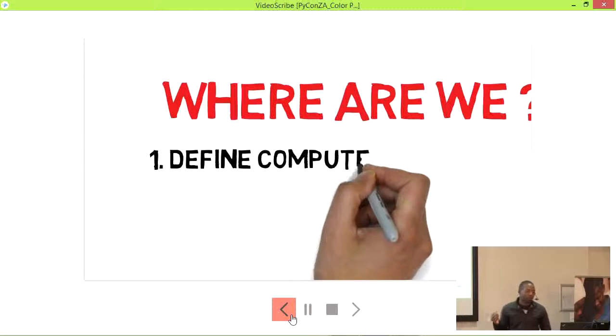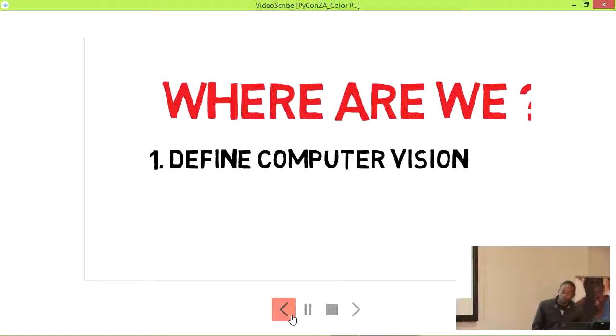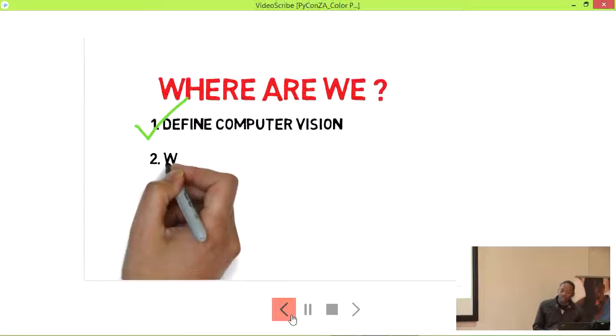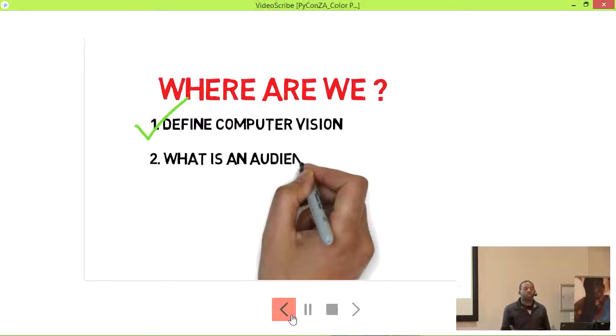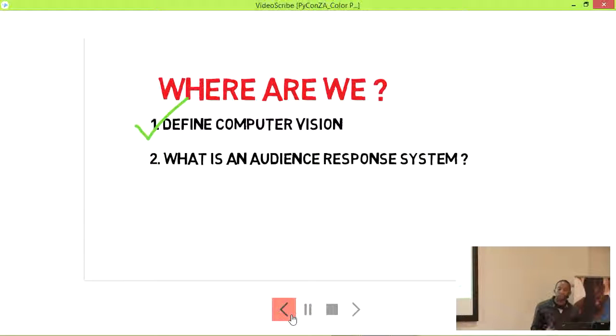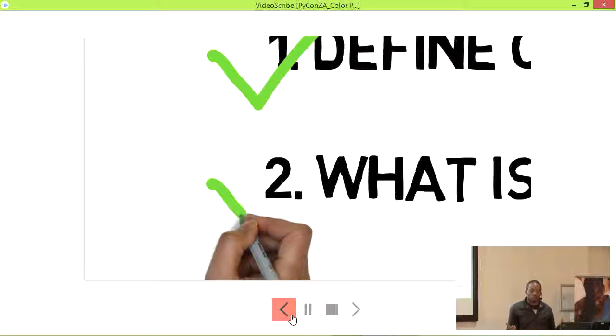So, yes, I've been talking a lot. So where are we? Firstly, I've defined computer vision, what it is, what it's about, so we can put a nice tick on there. Then the next thing I wanted to talk about was what an audience response system is, a feedback system that can be used in lectures or the works.